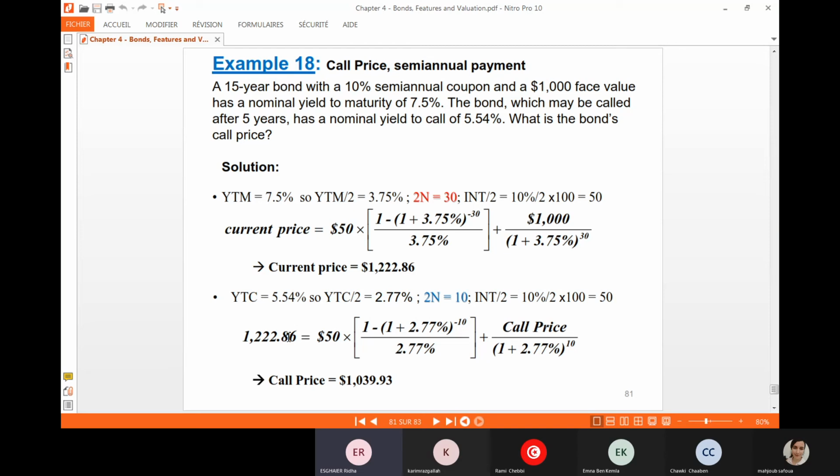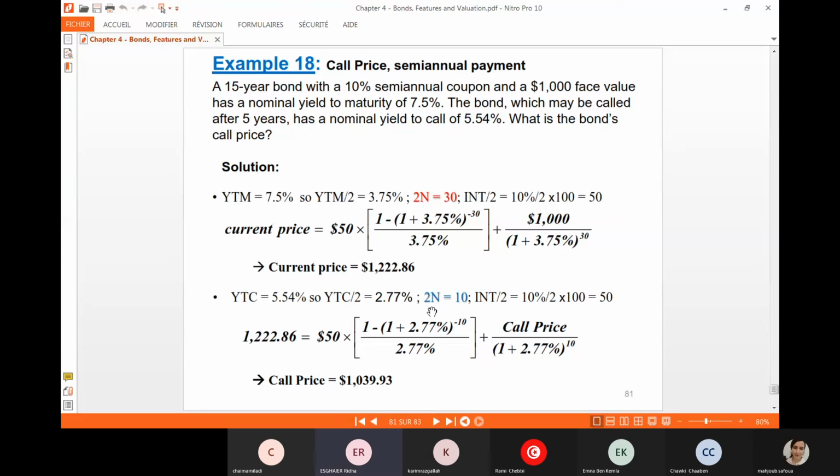Since the bond can be called after 5 years, if the yield to call is 5.54%, that means the discount rate that makes the present value of the future interest plus the present value of the call price paid 5 years from now, 10 semesters from now, using this 5.54% annually, meaning 2.77% each semester, must equal the price you paid to buy this bond.